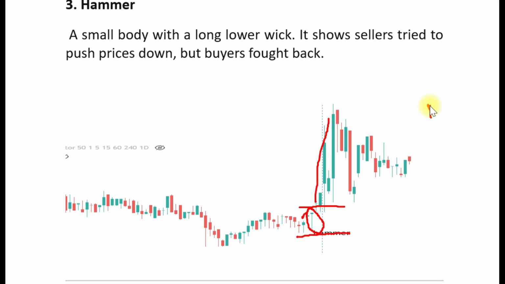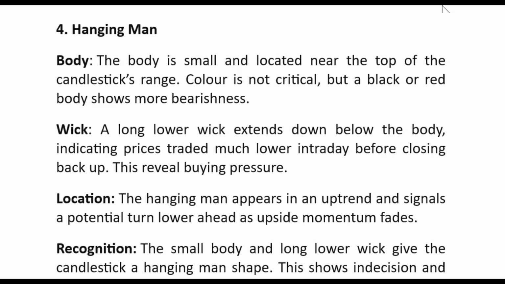If such a candle is formed with a small body and a long lower wick with no upper wick, then it is a hammer pattern. It indicates the strength of bullishness. The buyers are taking control and the price moves up.